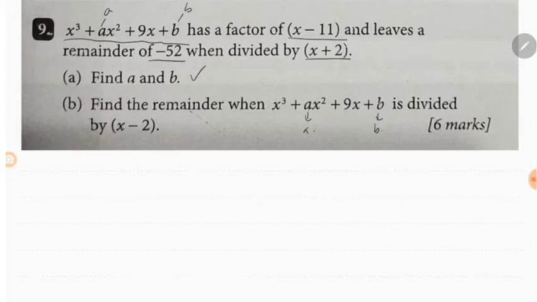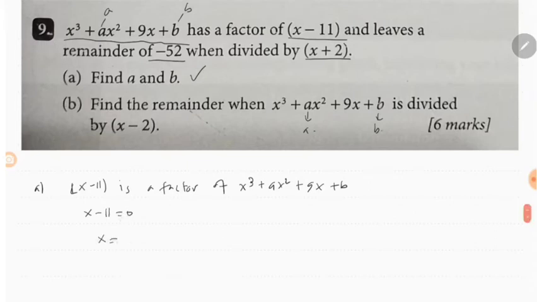Okay, so for A, when x minus 11 is a factor of x cubed plus ax squared plus 9x plus b, it simply means that x minus 11 equals 0, so x equals 11, and you put 11 in that function.